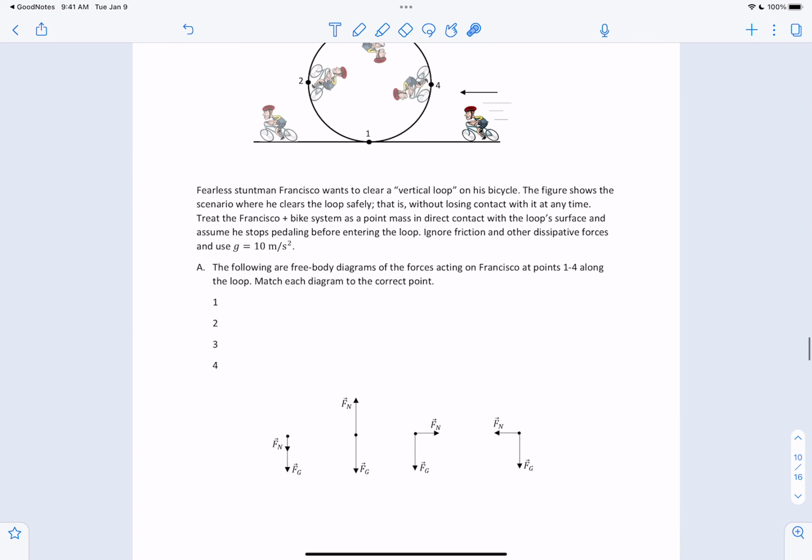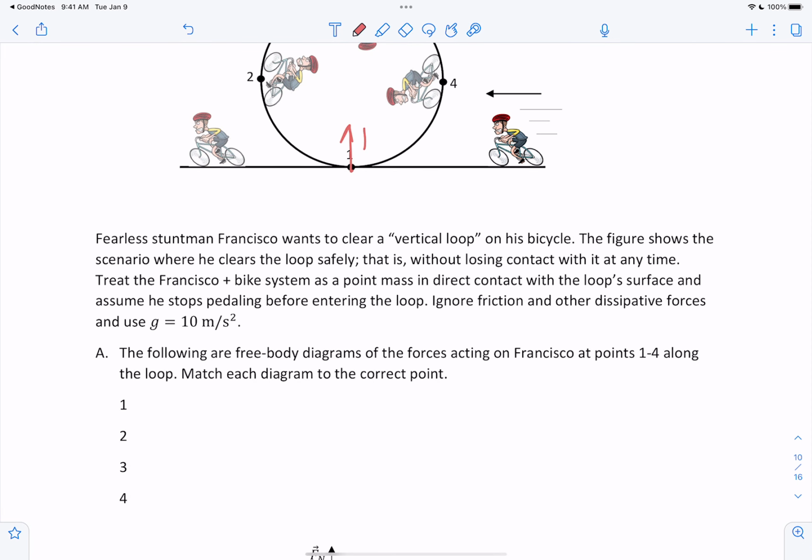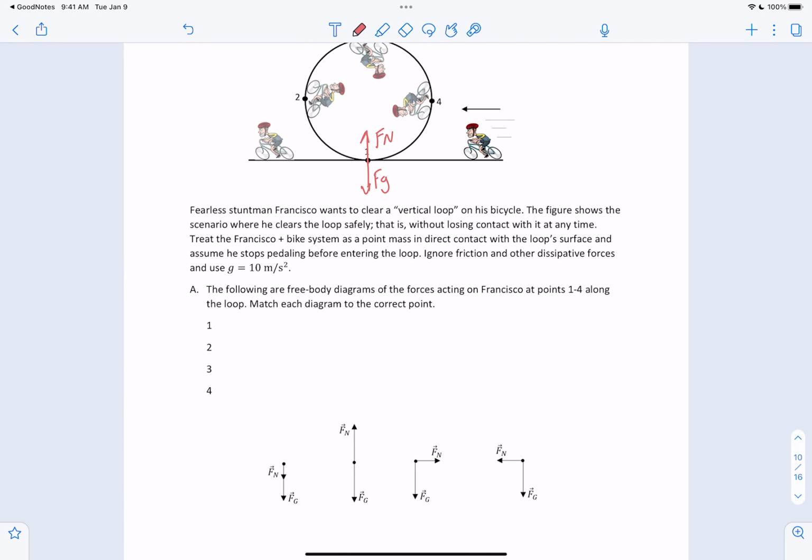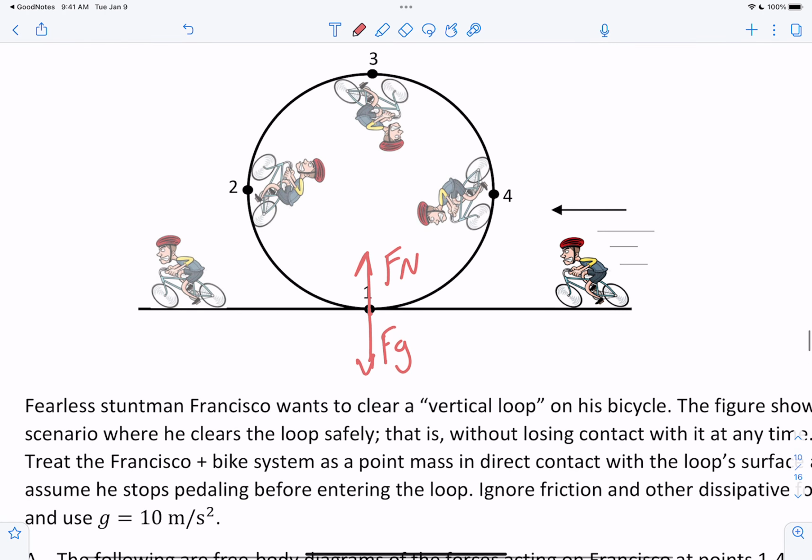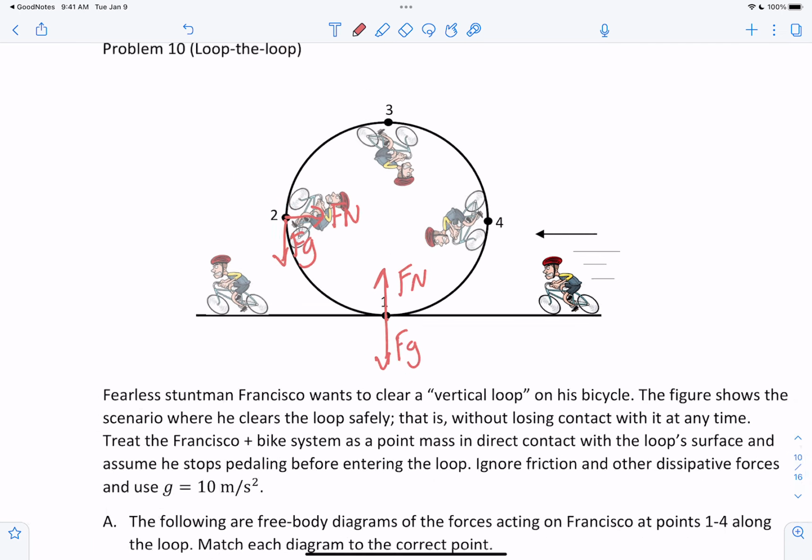So if we're at point 1, we have normal force acting upwards and gravity pointing downwards. Since that is the case for 1, this should be 1 right here. For 2, we have normal force this way and gravity straight downwards, because normal force is perpendicular to the surface of contact. If the surface of contact is the little ramp here, perpendicular to it makes a right angle, so normal force will be pointing to the right.